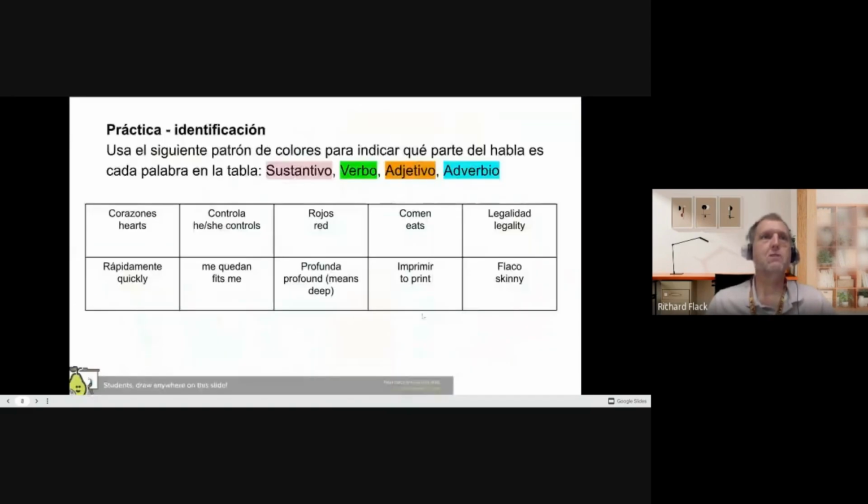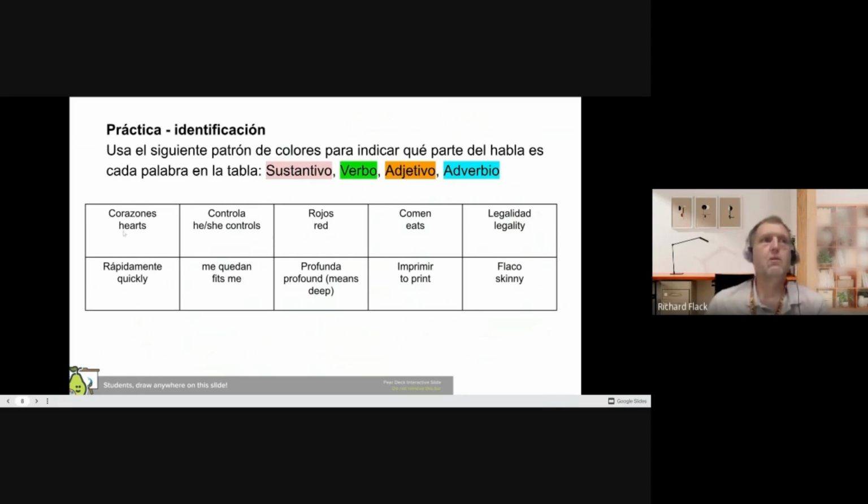Okay, practiquemos. Time to practice. So now on the sheet that is attached, up at the top, you have the same practice that is on the screen. Your job for each square is to identify whether the word is a sustantivo, noun, verbo, verb, adjetivo, adjective, or adverbio, adverb.